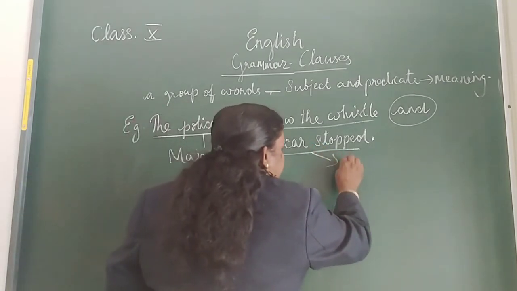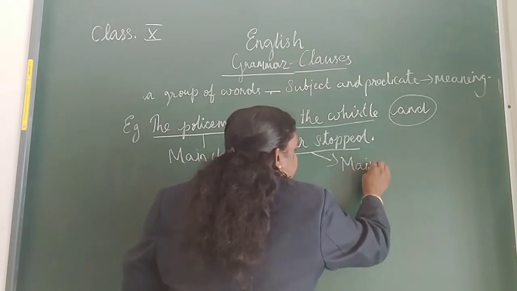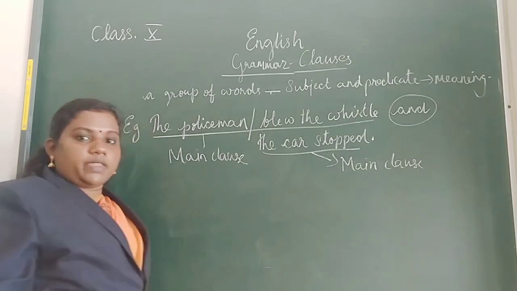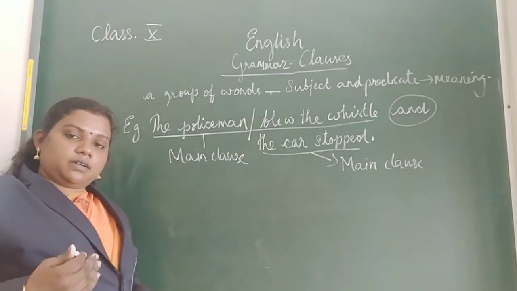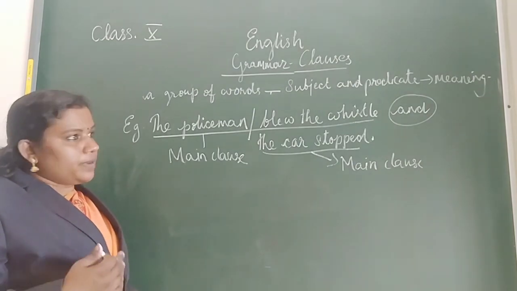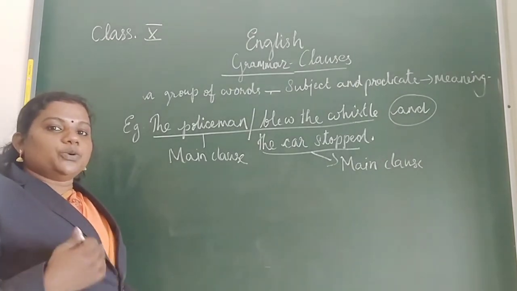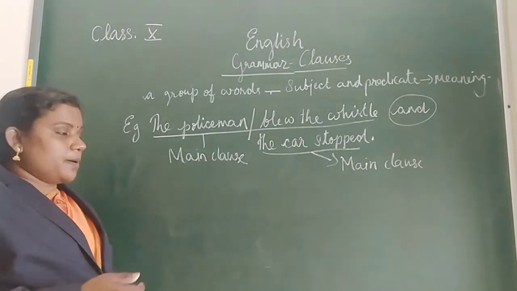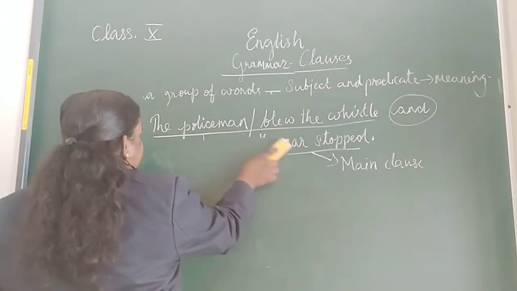That also gives a complete meaning, so it's also a main clause. When we are getting a complete meaning, we can tell it is a main clause. So in a sentence itself, we can get two or three main clauses. Clear, students? Another example I will write. It will be a little more clear for you.